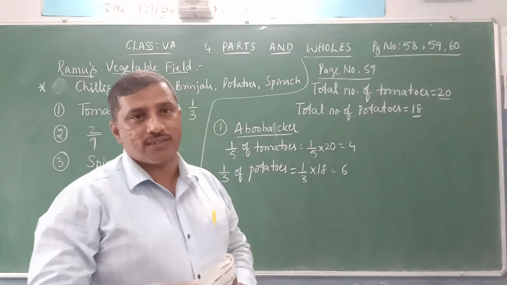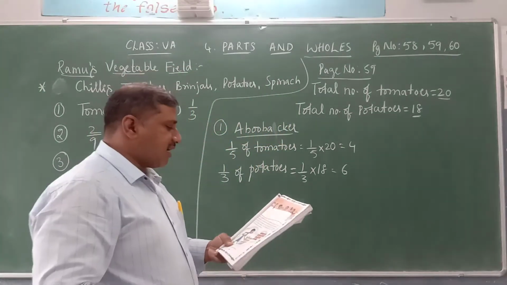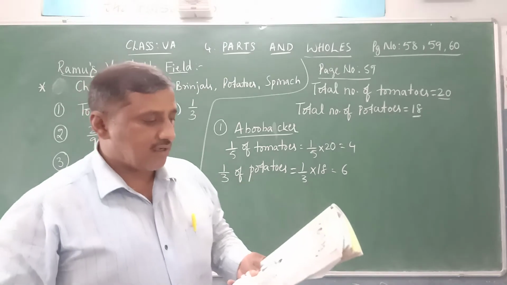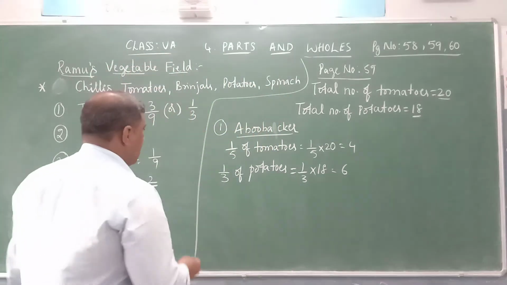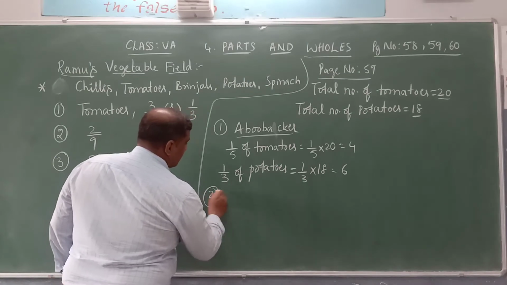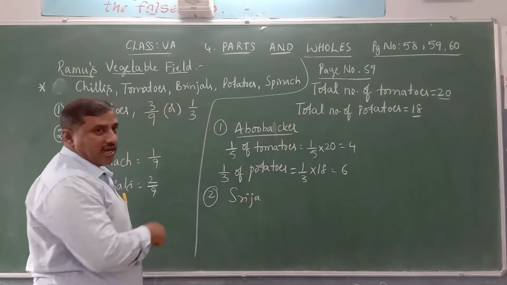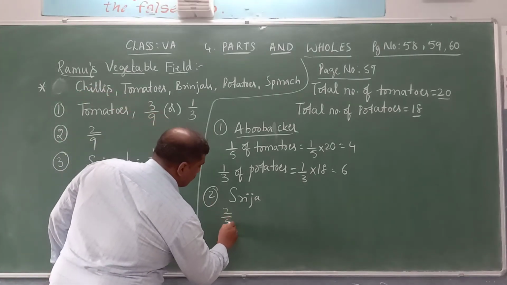Now to another friend named Srija, he gave 2/5 of the tomatoes and 3/6 of the potatoes. Yes, the second friend, who is that? Srija. So what did he give to her? 2/5 of tomatoes.